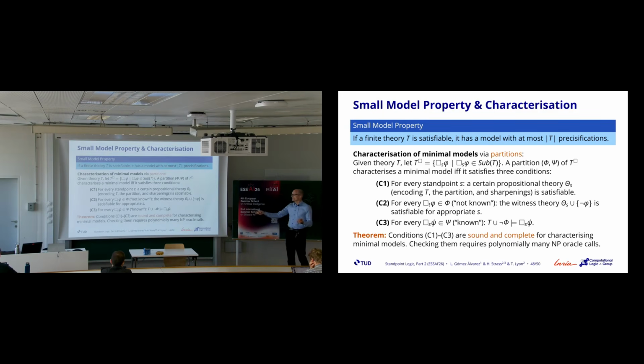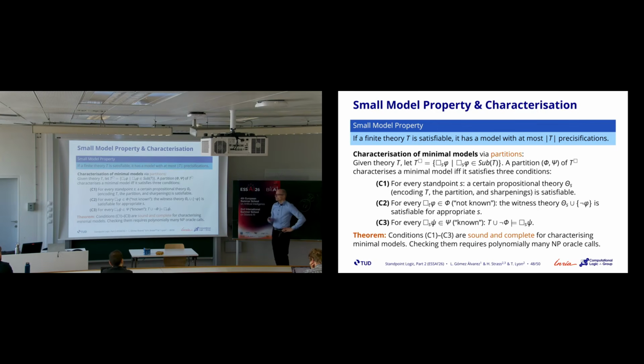And then finally, and this is the most important bit, for everything that is guessed to be known in a certain standpoint, we have to make sure that it already follows from the original theory and what is not known. Right? So only from the theory and what we don't know, we must be able to conclude, and this is now entailment in monotonic standpoint S5, to conclude that we actually know this psi, so that this psi actually holds.